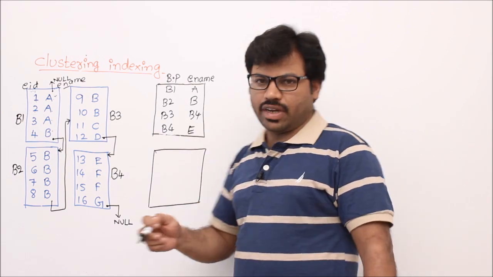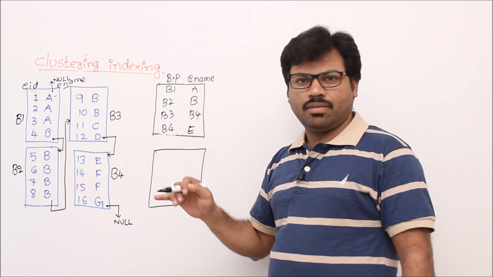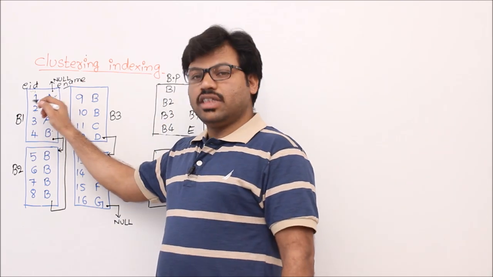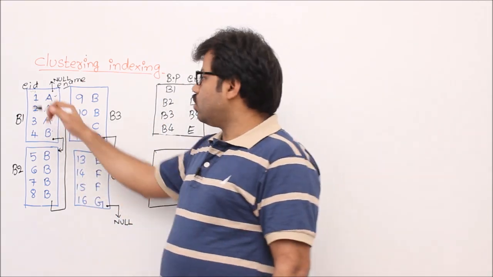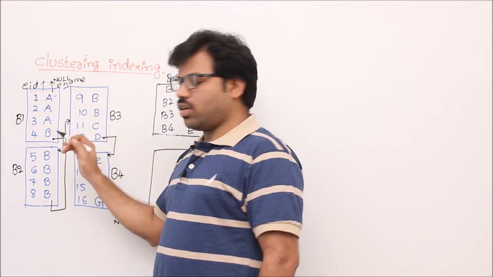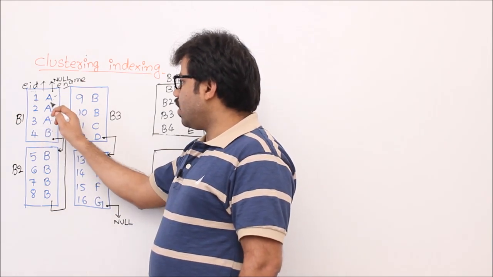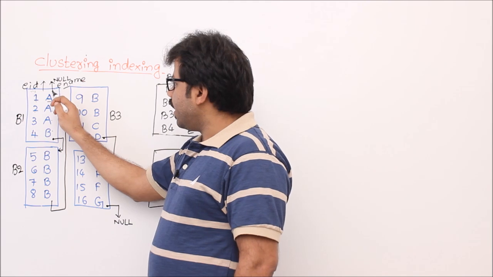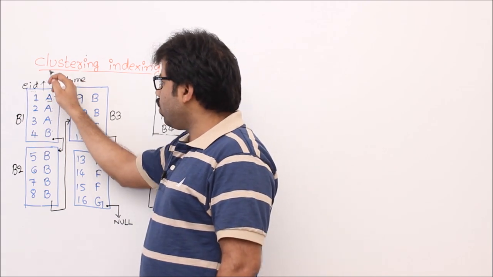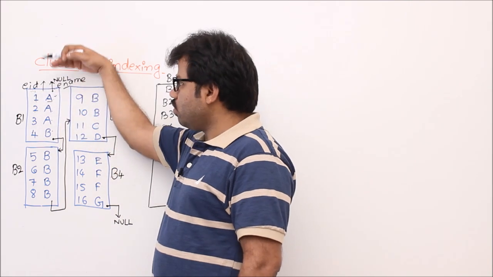Now how to search for some record, we'll see. For example, you are searching for A. Simple. Go to B1 directly and search. Since data might be repeated, maybe you should see the previous block and next block. Remember it, I will tell you the reason. Here B1 starts with A, right? The pointer shows there is no previous block, that's why we don't need to check.